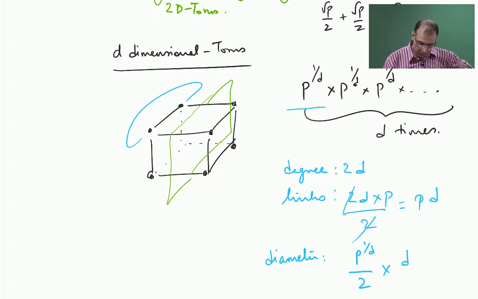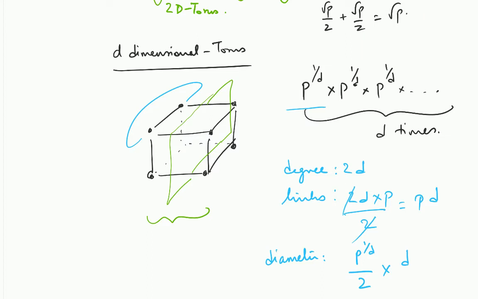So here is the important thing to note, that the links which are parallel to this plane will not cross the plane. Links across all other dimensions will cross the plane. So there are 3 dimensions here. One of the dimensions is not going to cross this plane, but along the other 2 dimensions, the links are going to cross this plane. Is that clear?